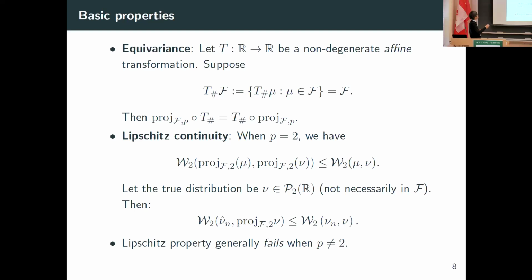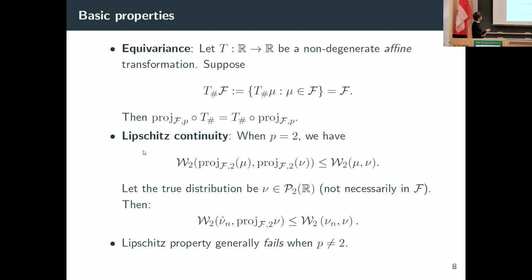Then the projection and the transformation commute. For example, suppose I have a shift. If you shift the data and then do the estimation, it is the same as doing the estimation without the shift and then shifting. This is also done in statistics.